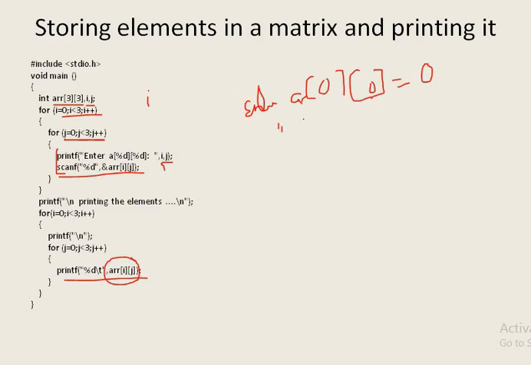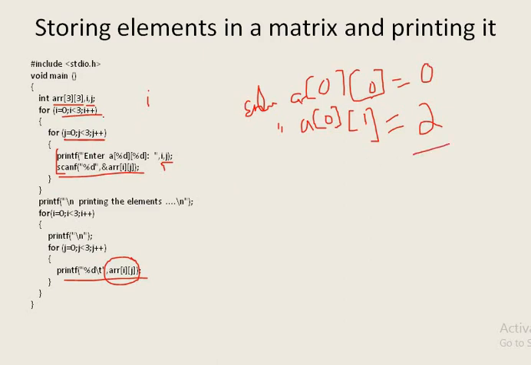Again enter a of, the first %d is i's value, which is 0 itself, and now the j value has changed to 1. Here you can give another value, let it be 2. And again scanf works, and we have given the value 2.